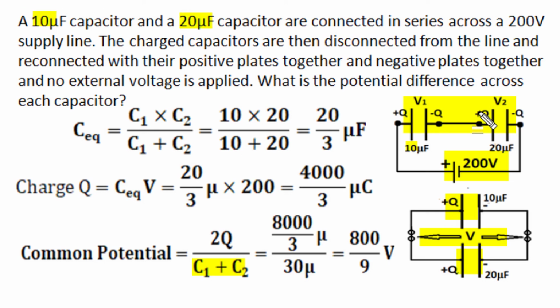So in series connection, the equivalent capacitance of two capacitors C1 and C2 is product by sum, and it comes as 20 by 3 microfarad, and on this equivalent capacitance when the total voltage is applied, the charge on the capacitor comes as Q equal to CV, 4000 by 3 microcoulomb, and both capacitors having 4000 by 3 microcoulomb charge, when connected together, will have double the amount of charge, and total charge divided by equivalent capacitance comes as common potential of 800 by 9 volt.